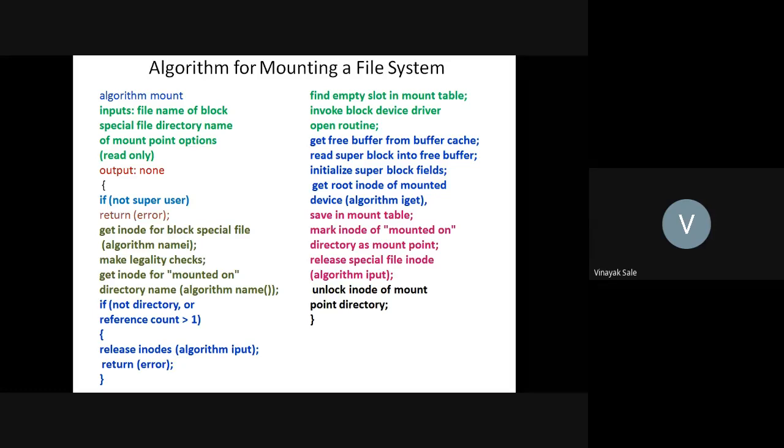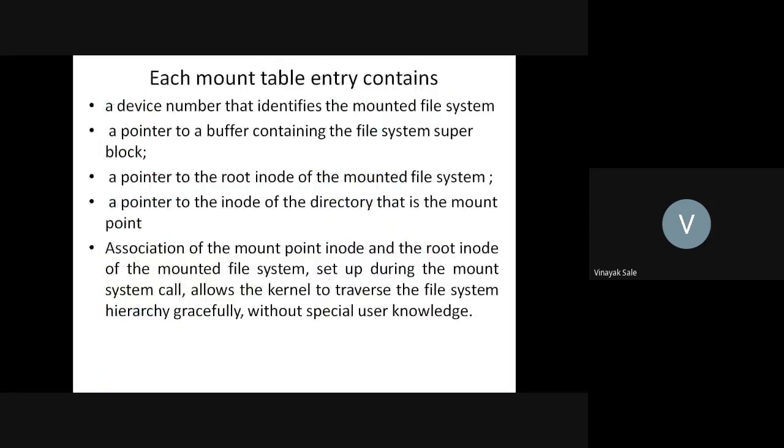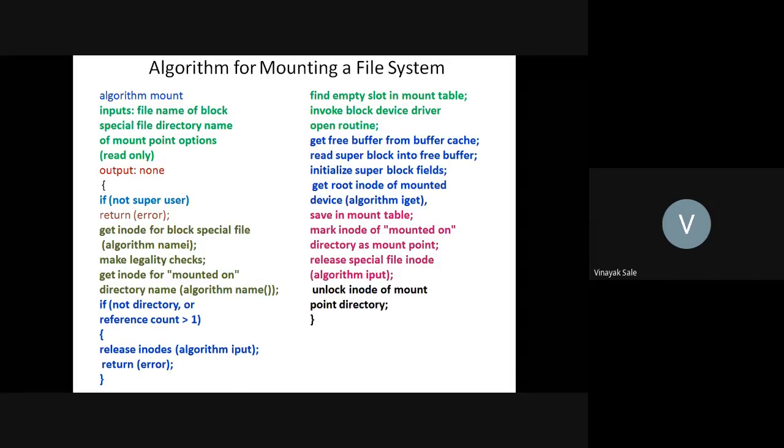Then this is the algorithm for mounting a file system. Algorithm mount. Input for this algorithm: file name of block special file, directory name of mount point, and options, that is read only. Output is none. If it is not super user, then return error.